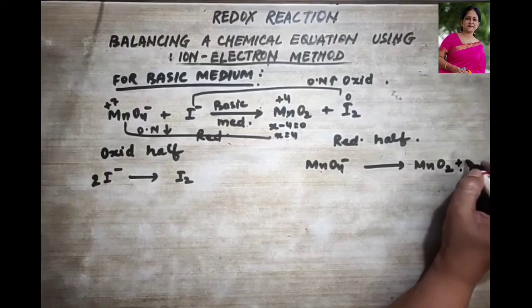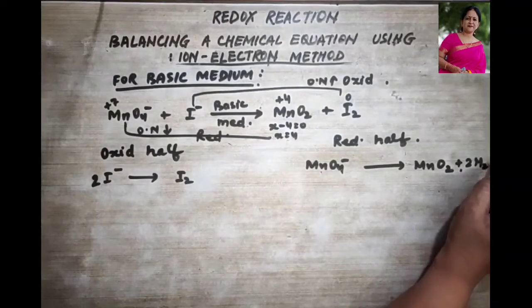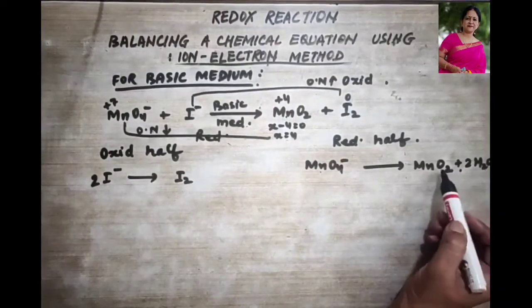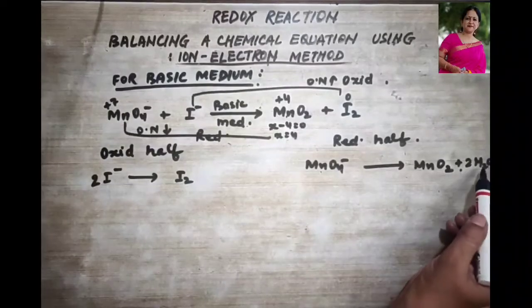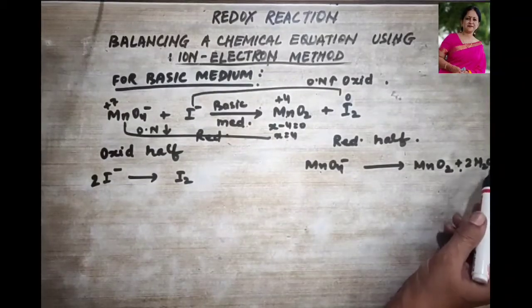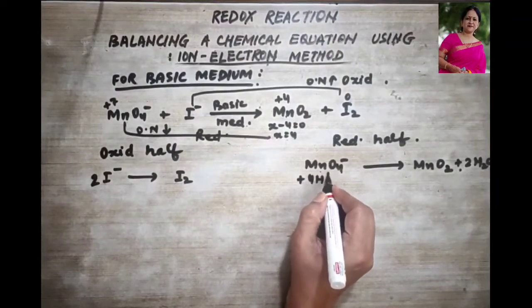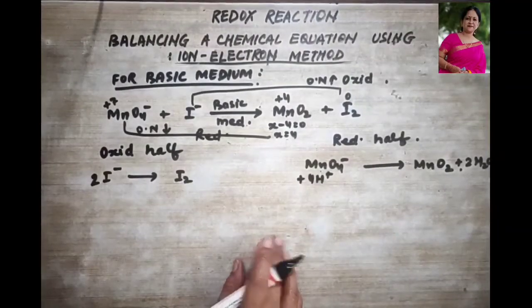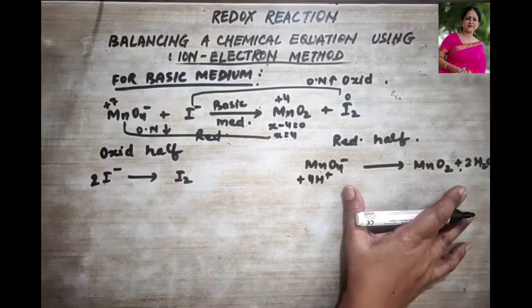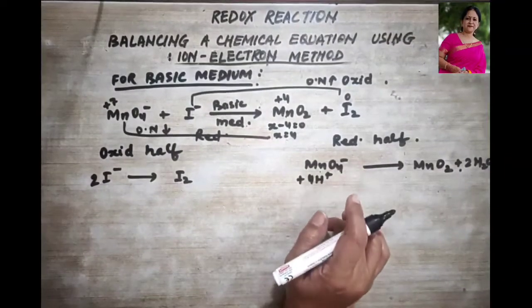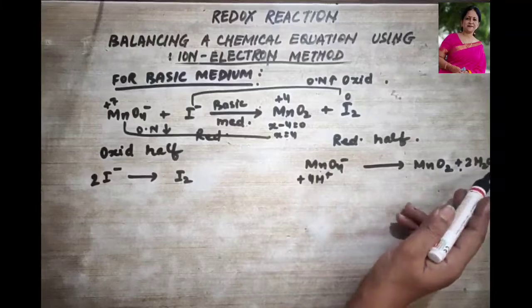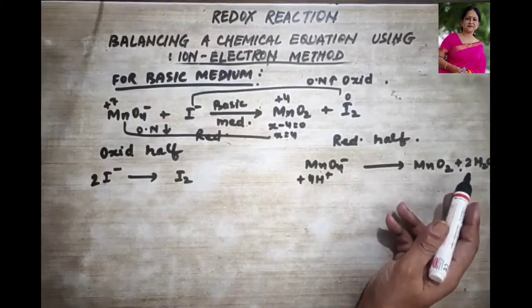We add 2 molecules of water. So 2 and 2 makes it 4. But now we have how much hydrogen? 4. So we add plus 4 hydrogen ions this side. This part is clear. Now the hydrogen is also balanced.